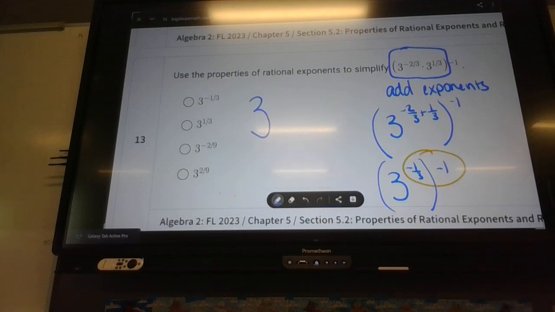We multiply powers, so that's negative 1/3 times negative 1, which is where 3 to the 1/3 comes from. Good one. Should we do one more? Let's do 16.